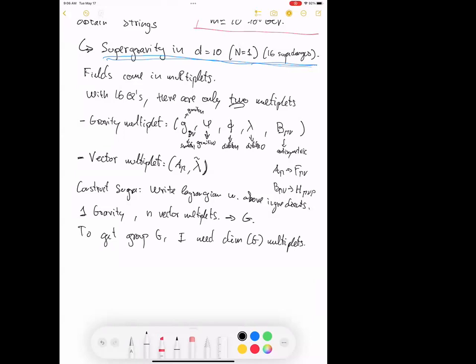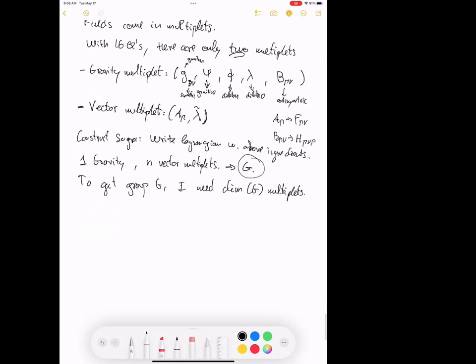I need as many multiplets as I would require. The dimension of G is the number of gluons there are, and I need to include as many gluons as I need to get the group G. Any questions about this?